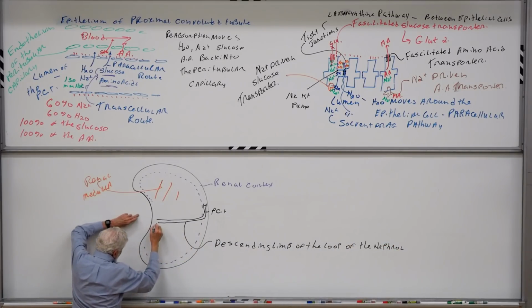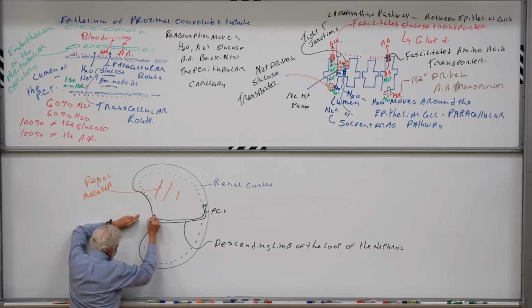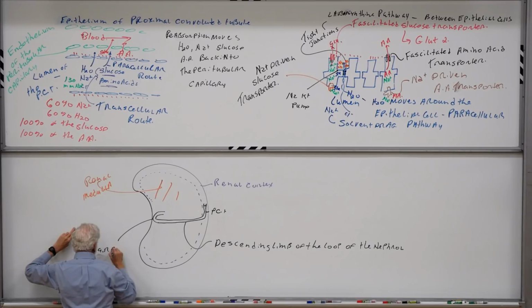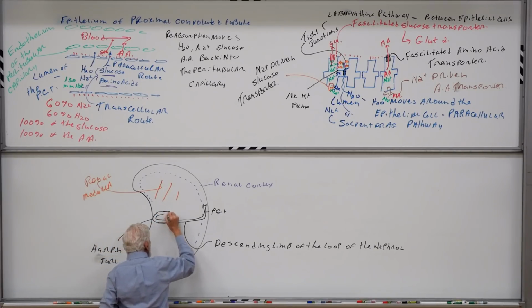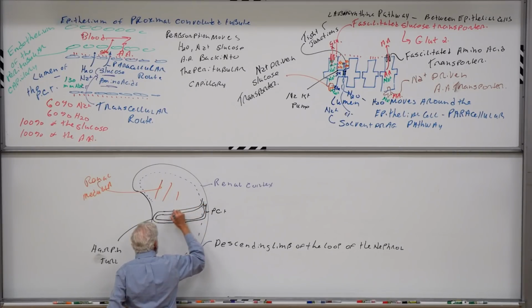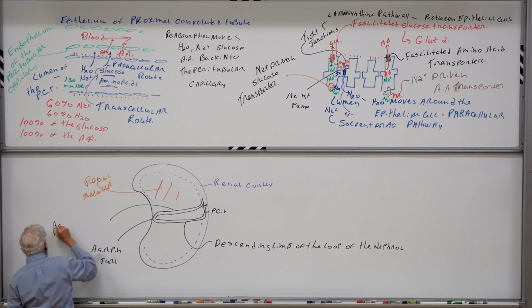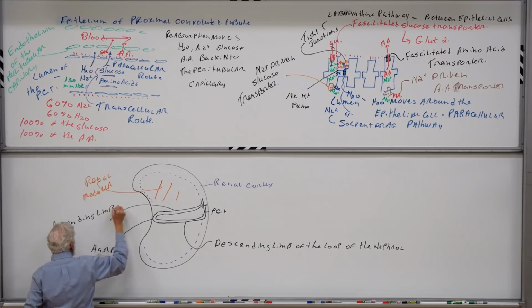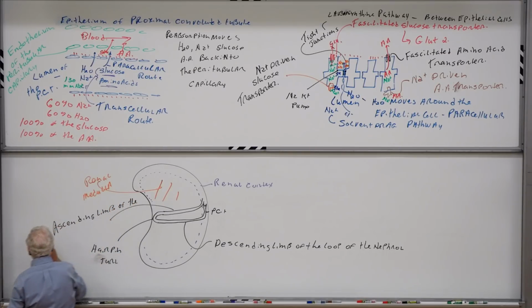Down deep in the medulla here, there's a hairpin turn. This tube takes a turn. We label this as the hairpin turn. The tube then continues. In this structure, I'm going to label the ascending limb of the loop of the nephron.